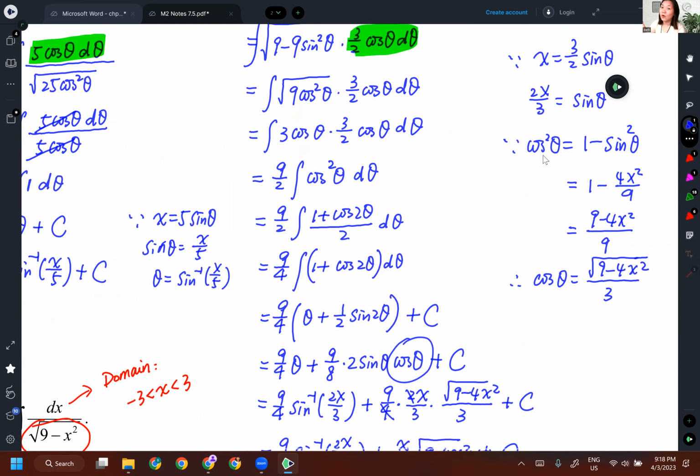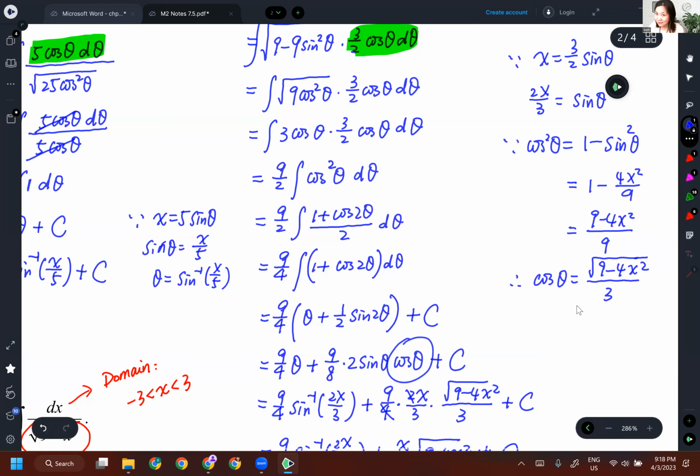If we allow all the angles for theta, if we don't require that theta belongs to the principal value, then theta can be anything, then cosine theta can be positive or negative. Then here we do not know which value to take.